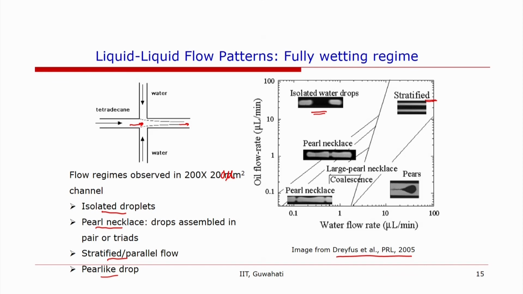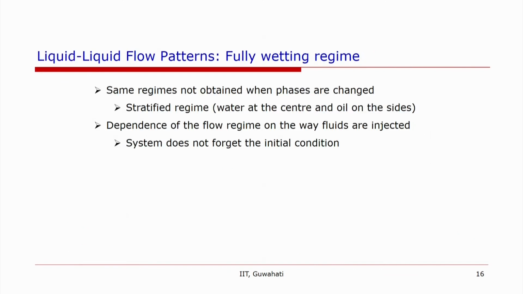This has been done when the channel is fully wetted. They also observed that if the phases are interchanged, then the same regimes are not observed. As we have already said, the flow regimes depend on the way fluids are injected. So, the system does not forget its initial conditions.